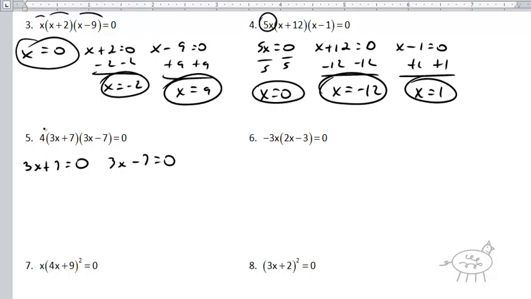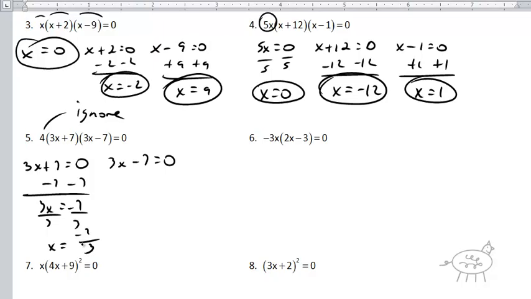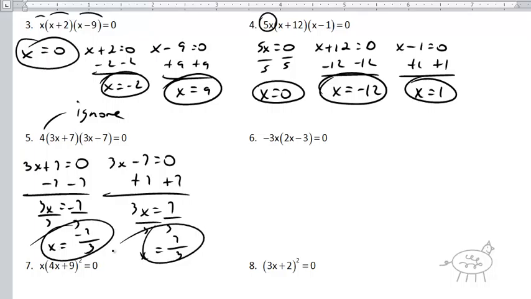Again, I ignore the 4 because it has no variable. Then it's a little bit of work. Minus 7, so 3x equals negative 7, divided by 3, x is negative 7/3. And add 7 to that, so 3x equals 7. Divide by 3, x equals 7/3. That's it. So negative 7/3 and positive 7/3.